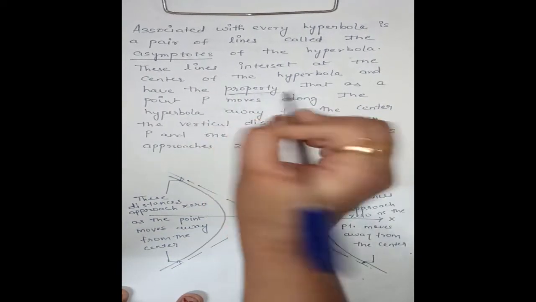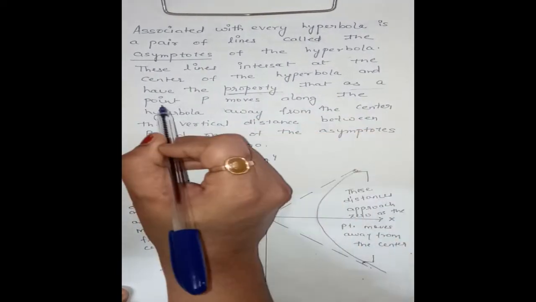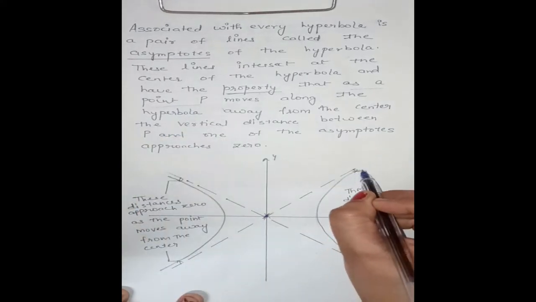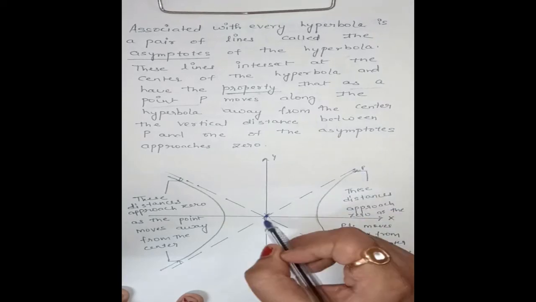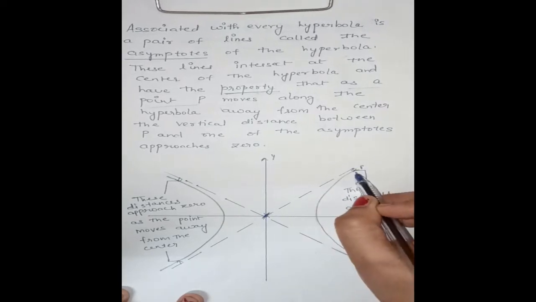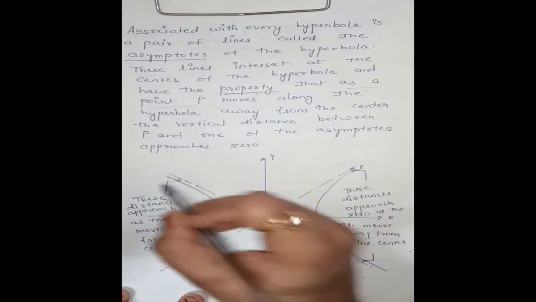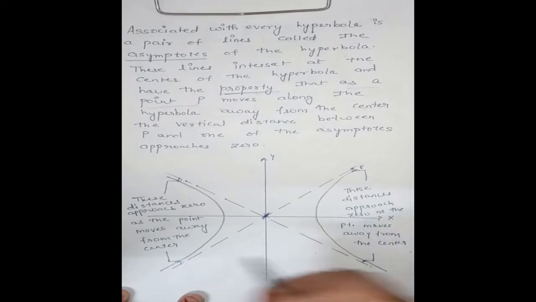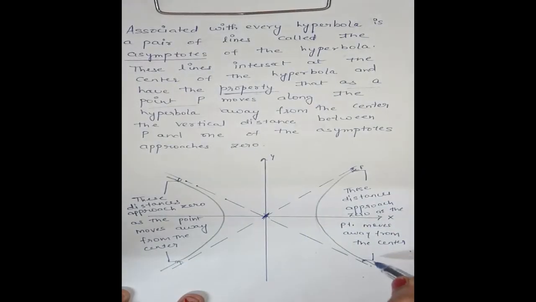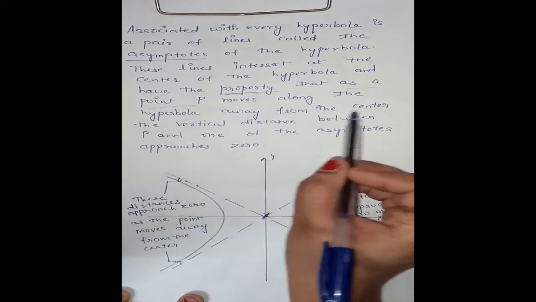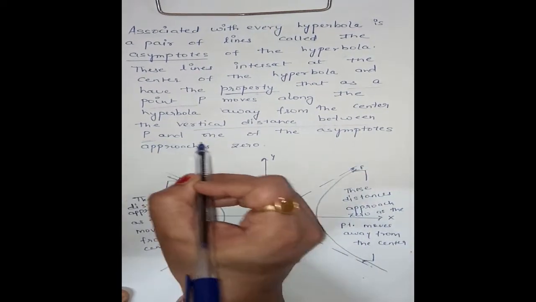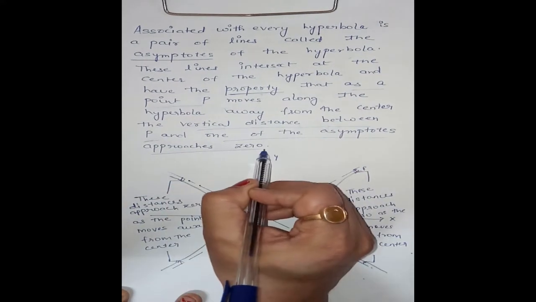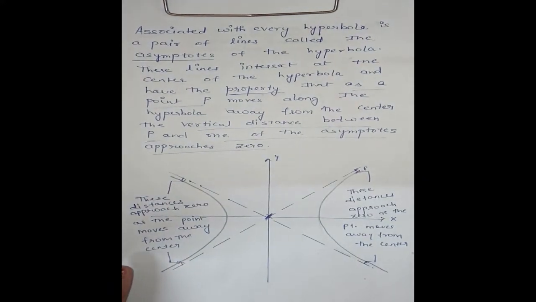What do we mean by asymptotes? If this is a point P here, as the point P moves along the hyperbola away from the center, the distance of this point P to this line tends to 0. Here also, if we take a point away from the center, the vertical distance between P and one of the asymptotes approaches 0.